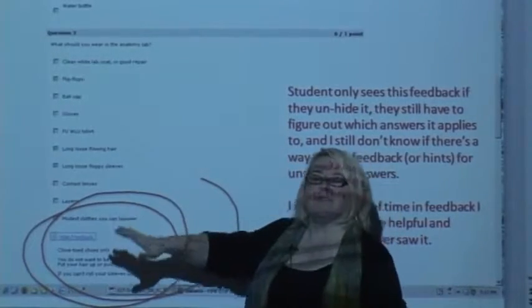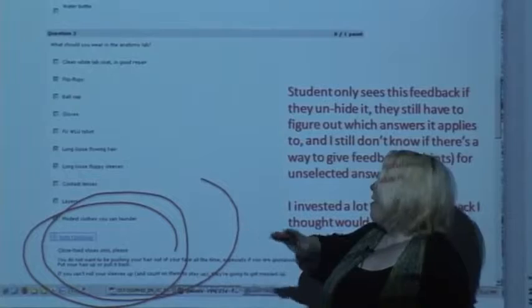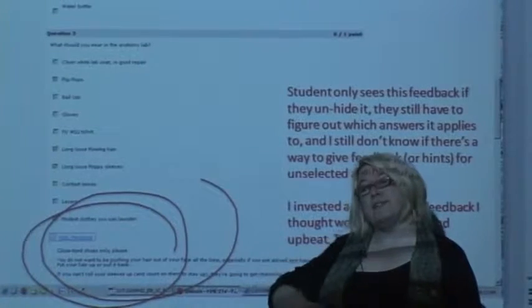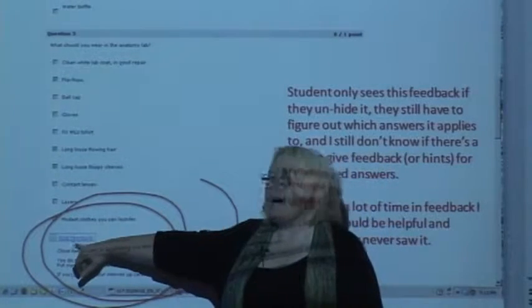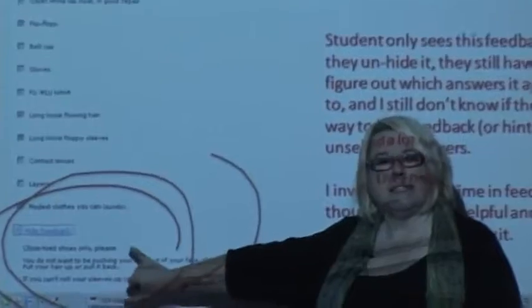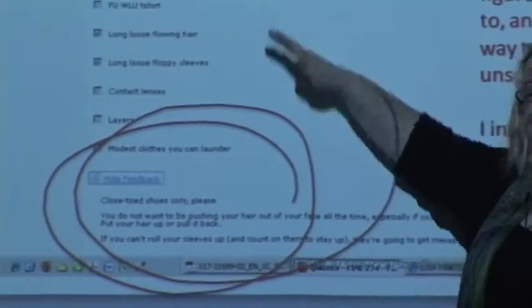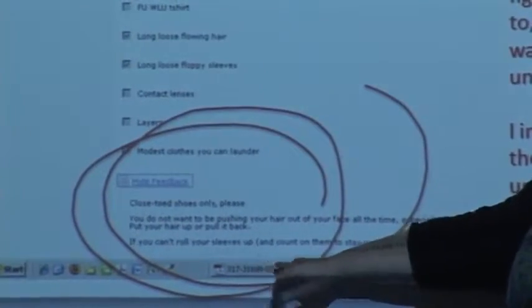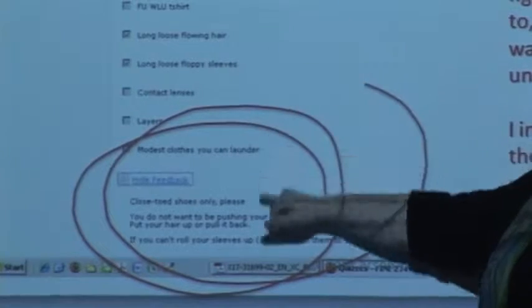So I've written a piece of feedback that they should get on that. The only way they see that after they've submitted it is if they unhide the feedback at the bottom of the question, and then they get these down here, not only separate from the incorrect answers that they gave, but not identified in any way with the incorrect answers that they gave.